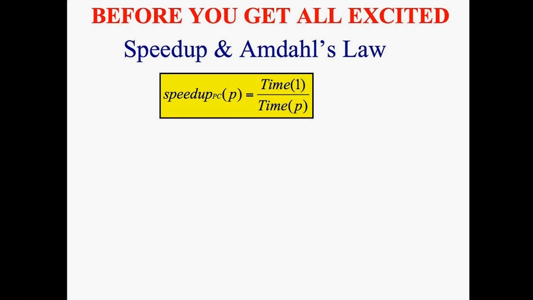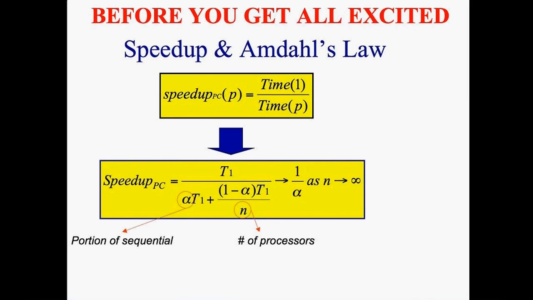When we go to parallel machines, what we want is speedup. We want our applications to run faster on the parallel machine than if they were running sequentially. The definition of speedup is the time it takes to run on one processor versus the time it takes to run on P processors. Now what Amdahl did is he broke speedup into its components, basically the proportion of the job that runs sequentially, which is alpha.